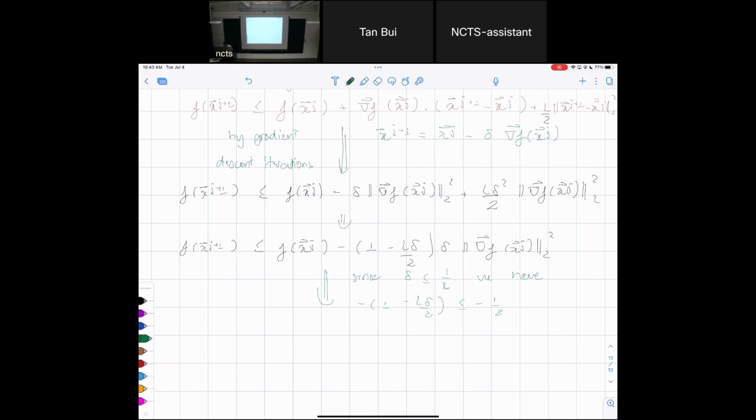Maybe I do one more step to make it less magical. This is equal to L delta over 2 minus 1. It's easy, because delta is less than or equal to 1 over L, so delta times L is less than or equal to 1. Therefore L delta over 2 is less than or equal to 1 half, and 1 half minus 1 is negative 1 half. Everybody see that? Good?